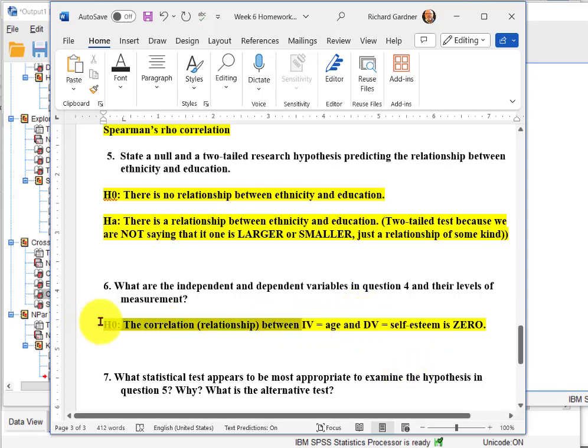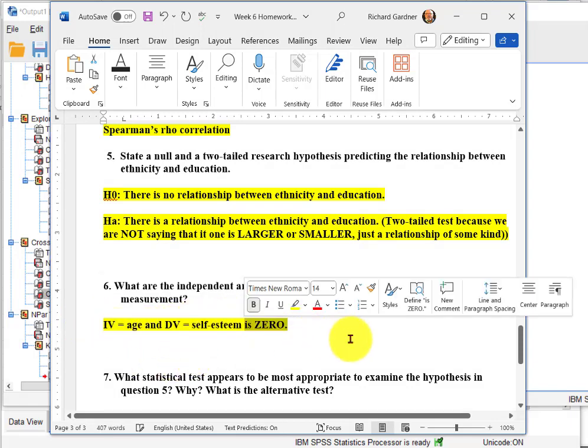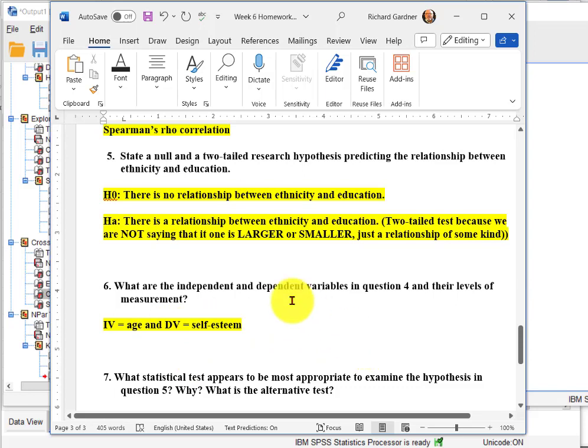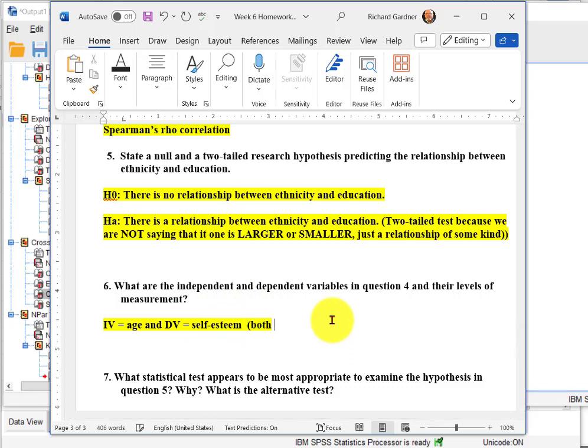Didn't we do this already? They're both continuous, right? Age and self-esteem. Yeah, they're both continuous. Not sure I got this one right, but, you know, it ain't me, it's the book.